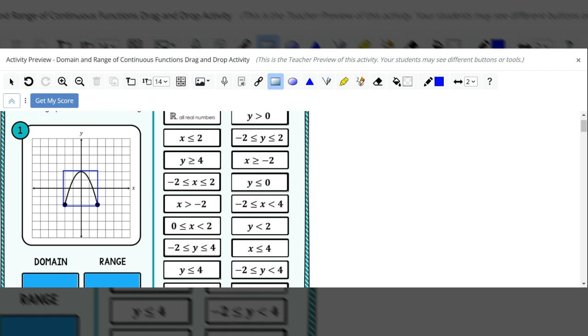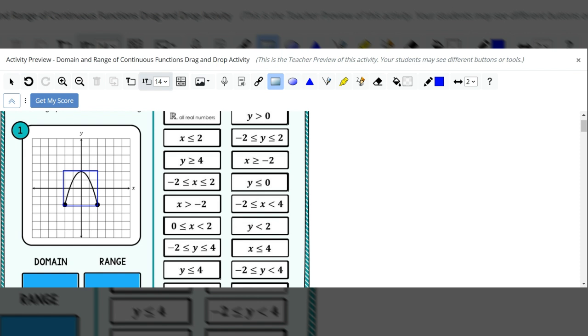Remember, domain is x. So the value must have x. So I'm going to start from this number here. This is what? 1, 2.